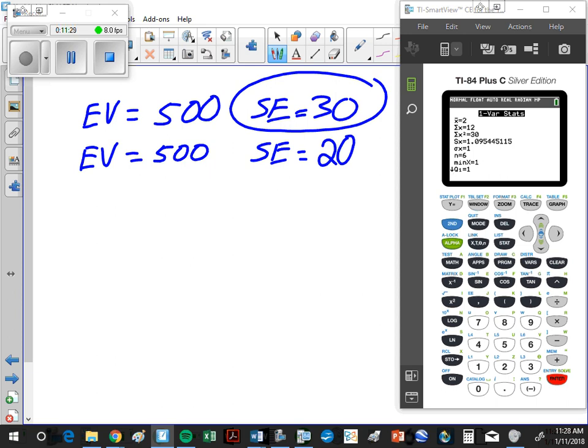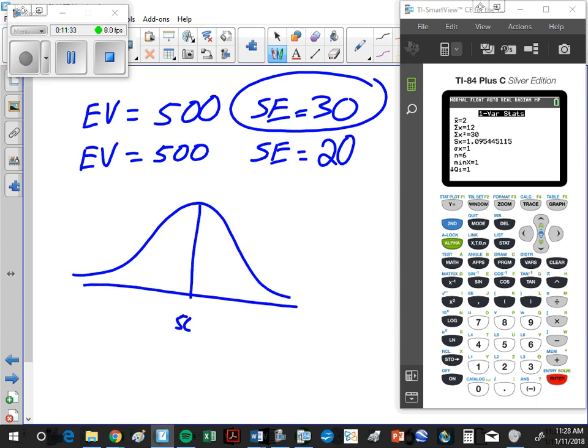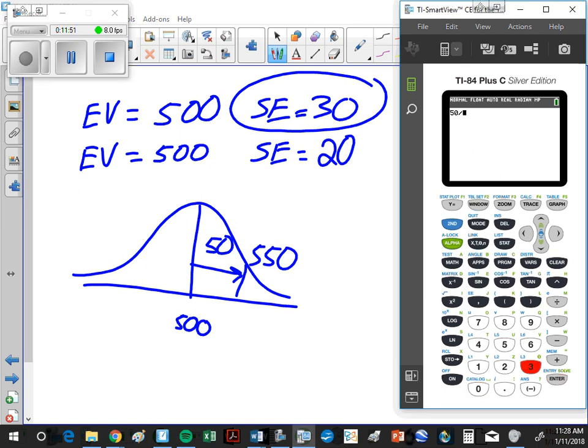And if you don't understand, watch this. They both have an expected value of 500. We want 550. Well, that is a 50-point difference. What's the z-score? Well, for the top one, 50 divided by 30 is 1.66.